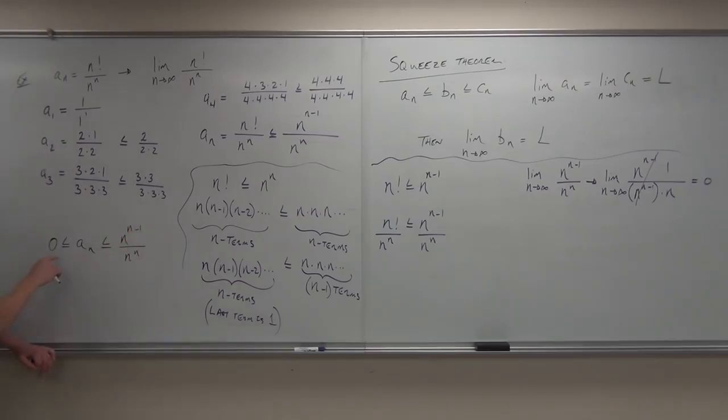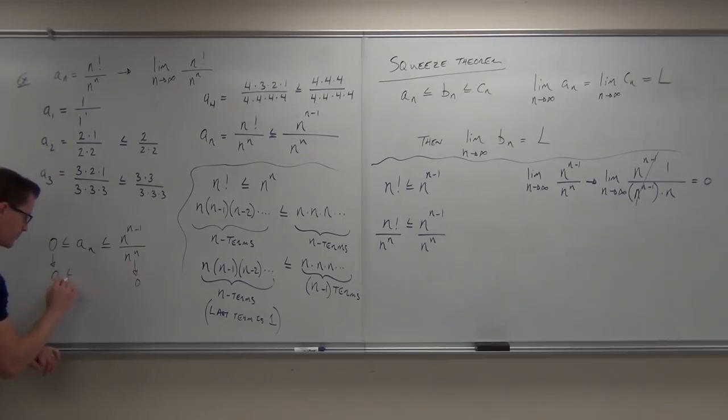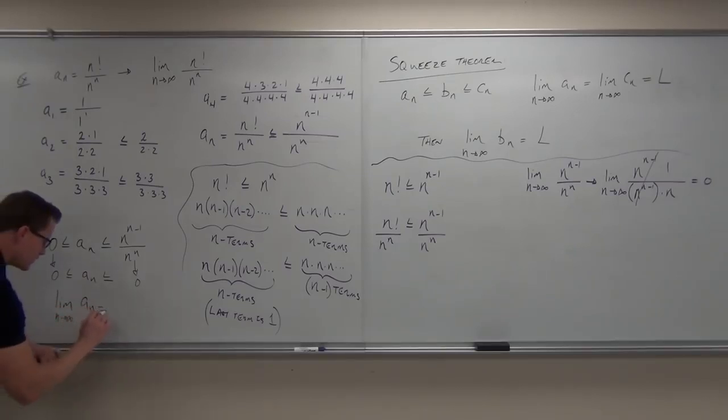Because the limit of 0 is 0, and the limit of this one is 0, this says that the limit of a sub n as n approaches infinity goes to 0.